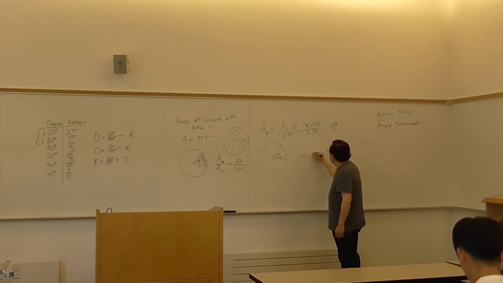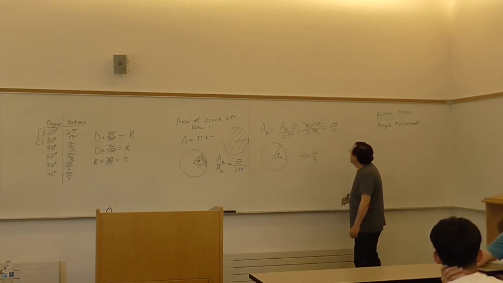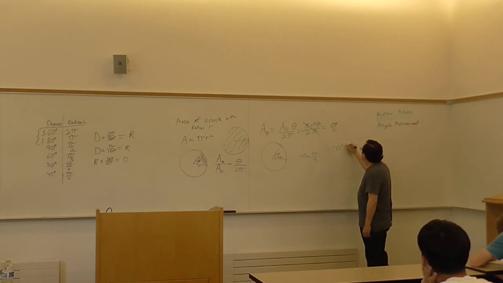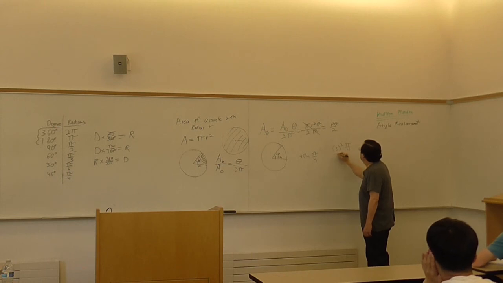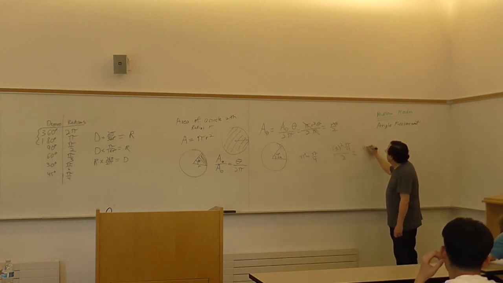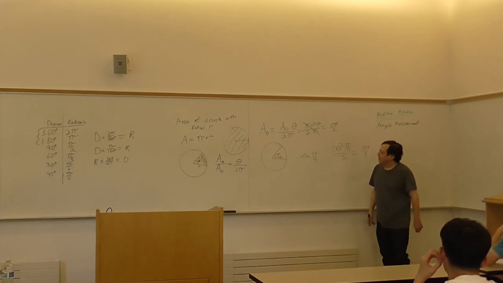Pi over 4, right? So my formula says it's going to be r squared times theta over 2, which is what? 9 pi over 8. That's the area of my sector.